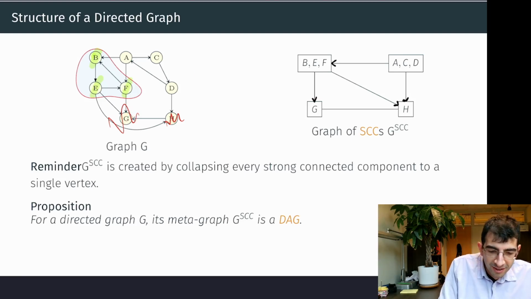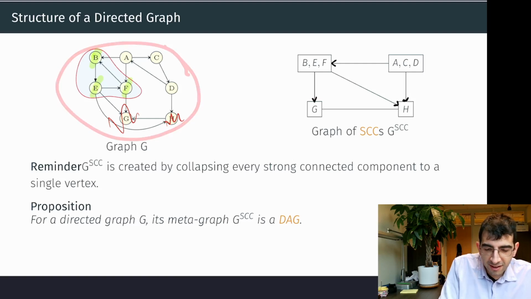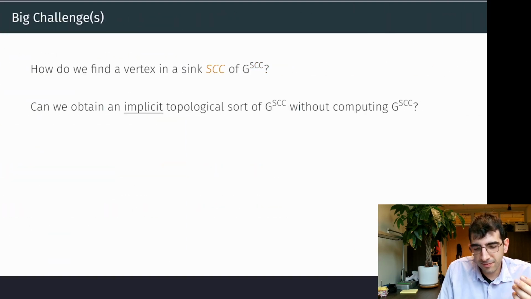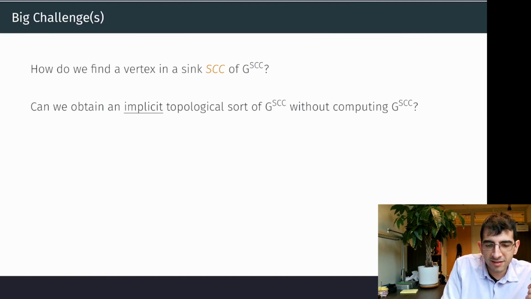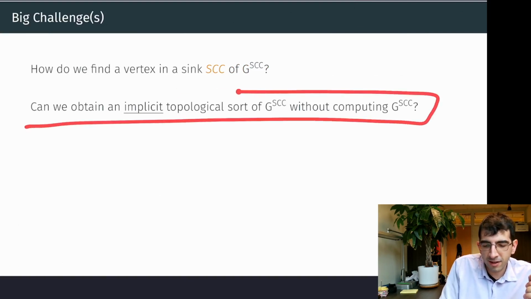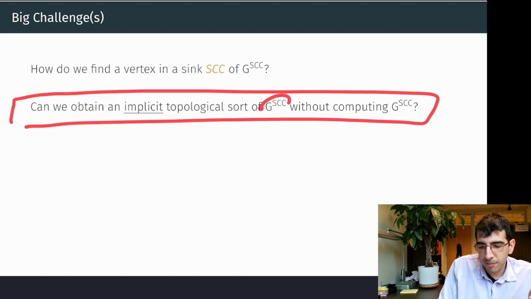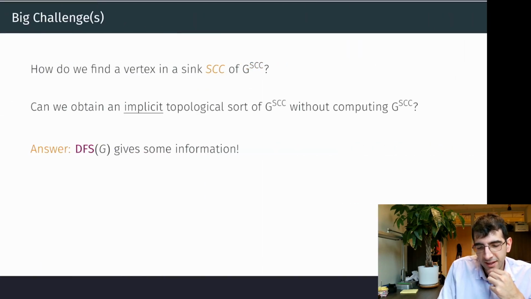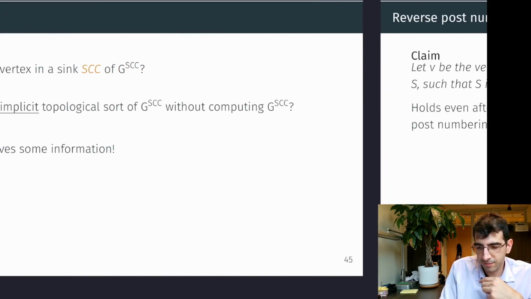But the one issue here is that this is a directed acyclic graph. So would topological sorting work here? Can we obtain something close to a topological sort of the metagraph without computing the metagraph itself? And the answer is to calculate depth first search on G.